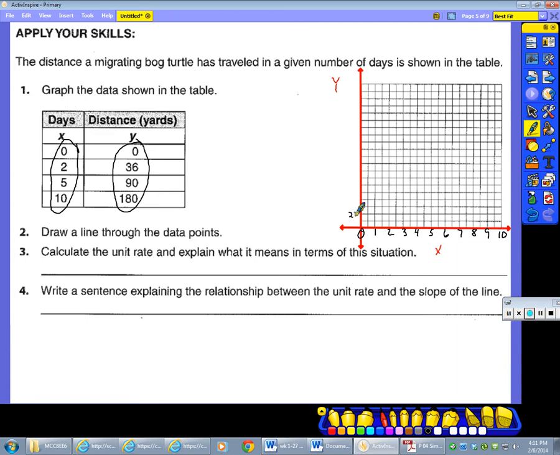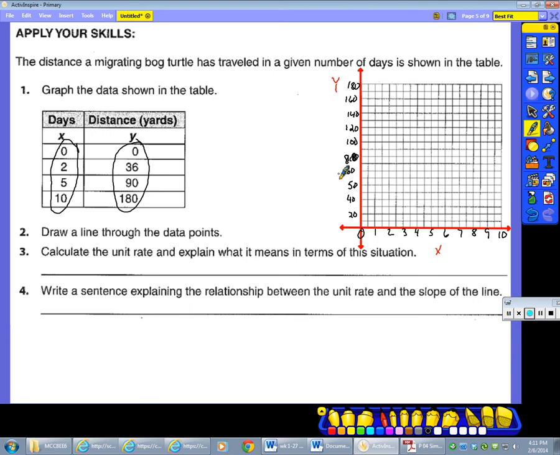So this is 20, and that is 40, and that is 60, and that is 80, and that is 100, and 120, and 140, 160, and 180.